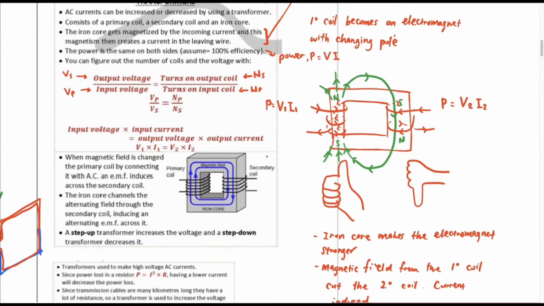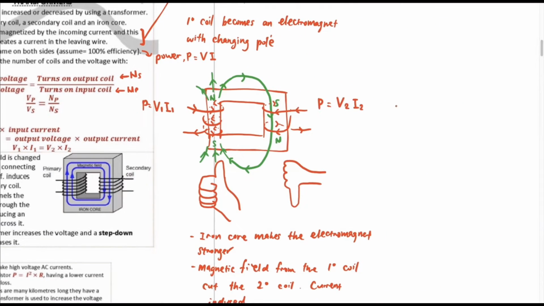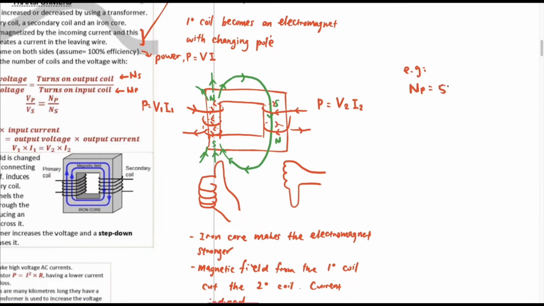Let's say for example, on the left-hand side, my primary coil, I turn 500 rounds. My secondary coil, I turn 1,000 rounds. And after that, let's say the input voltage, I put 5 volt.